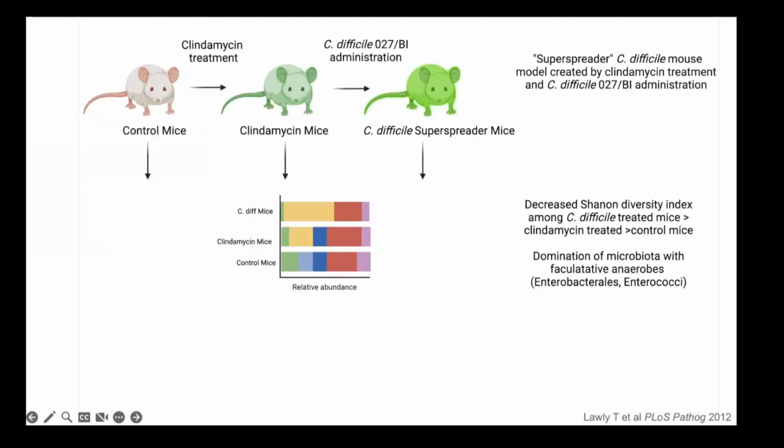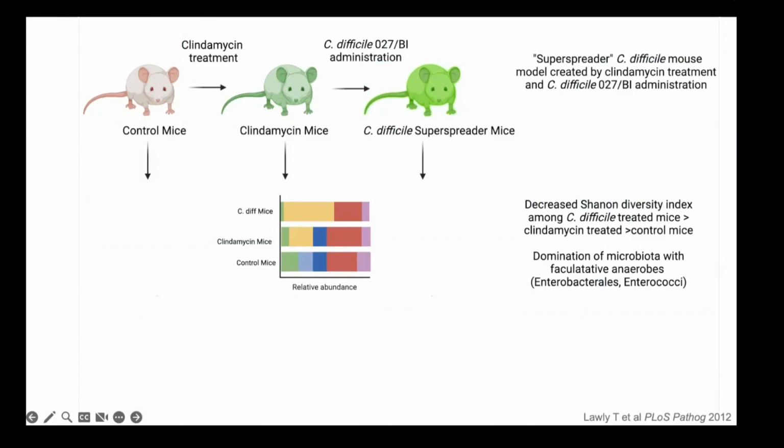So just as an example, I think a nice study that highlights how these are selected or engineered is a mouse study. They took control mice and treated them with clindamycin. Then they had a clindamycin-treated mouse model.